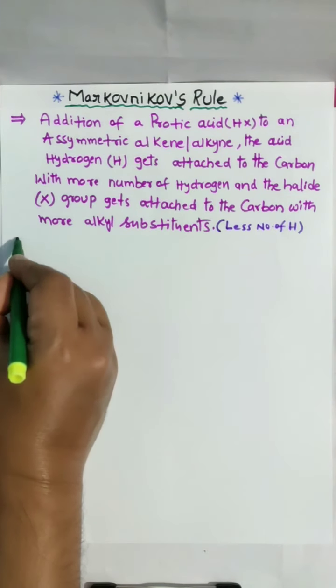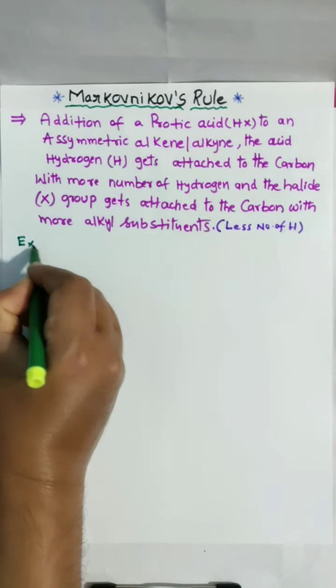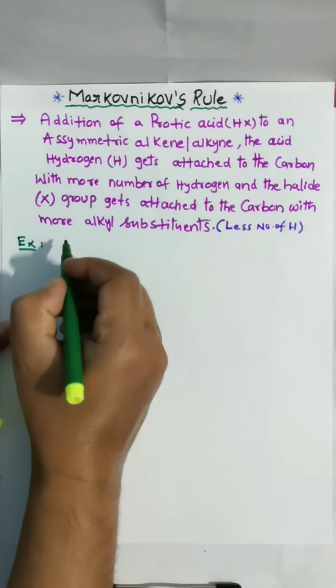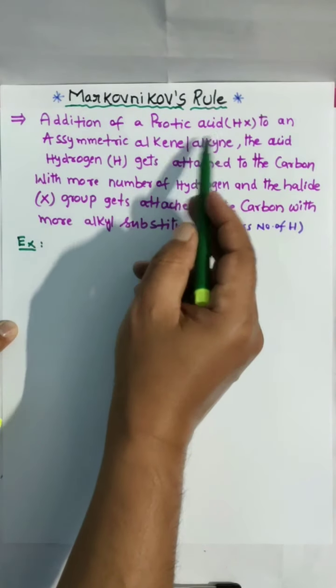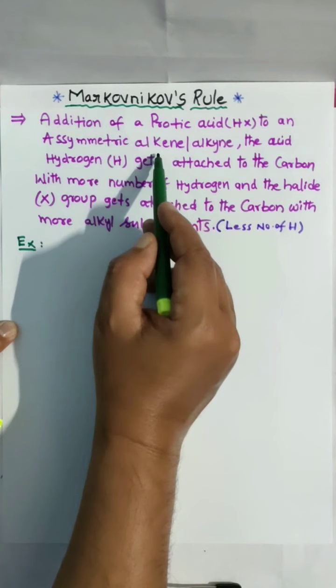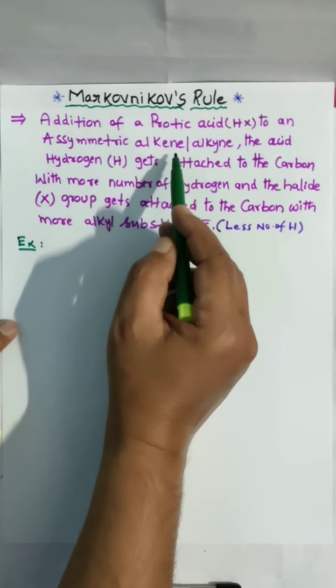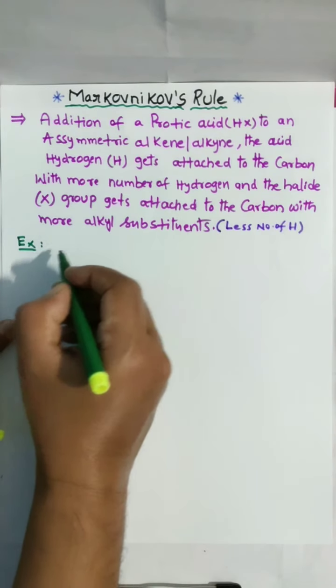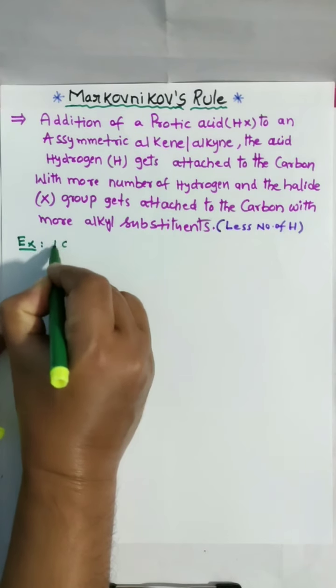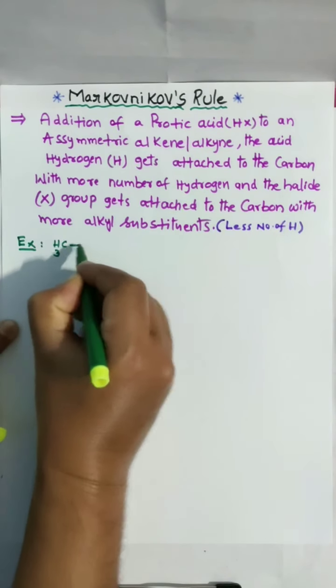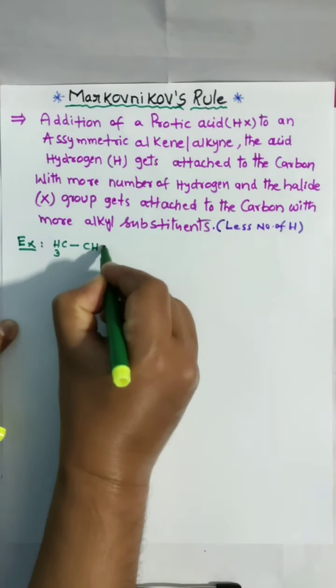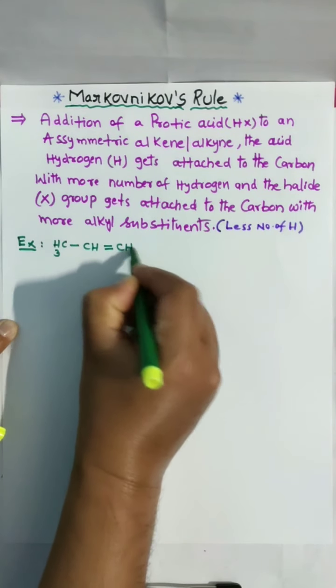Now I am going to explain with examples. Here I am taking an example. We have to take an asymmetrical alkene, not symmetrical: CH3-CH=CH2.